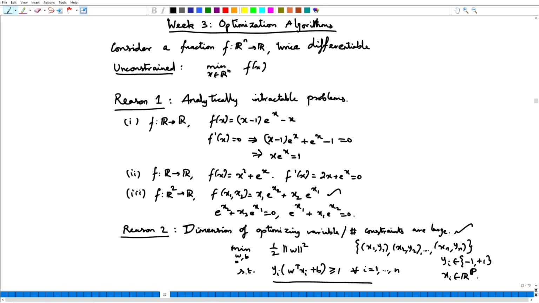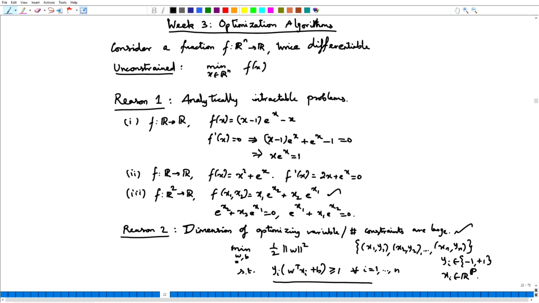In such a case you will be solving this problem where you minimize half norm w squared subject to y i into w transpose x i plus b greater than or equal to 1 for all i equal to 1 to n.